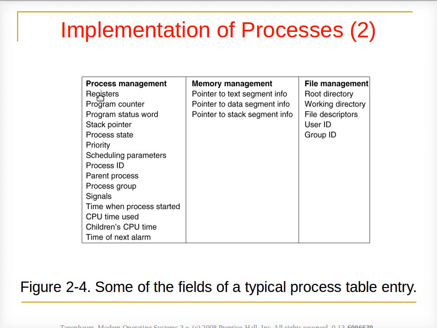We have to give it registers, program counter, status, the stack frame status, stack pointer, priority, process ID, and parent process, so who created this child process. Everything is a child process other than the kernel. Then the process group this process belongs to.